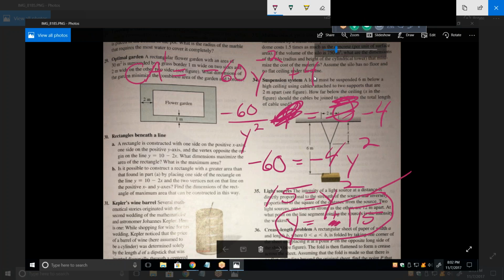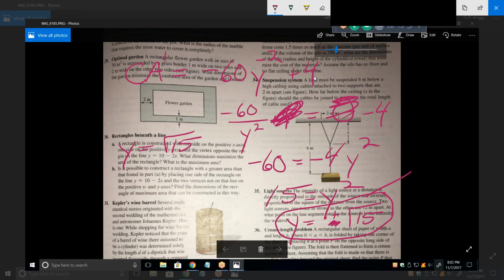So how are we going to tell if that's a minimum? Y equals square root of 15, as opposed to a maximum. What if that's a maximum? In other words, a lot of times they're trying to maximize the area.